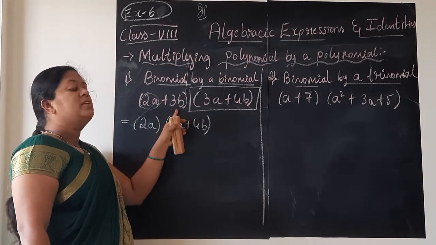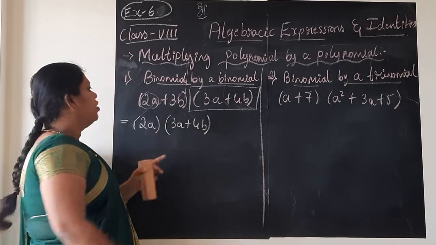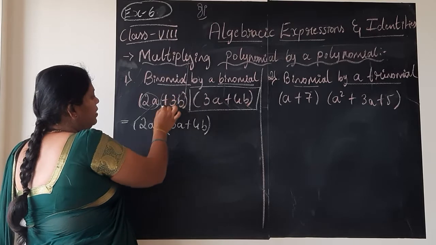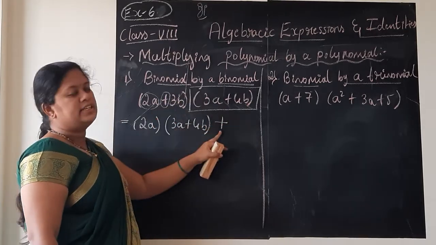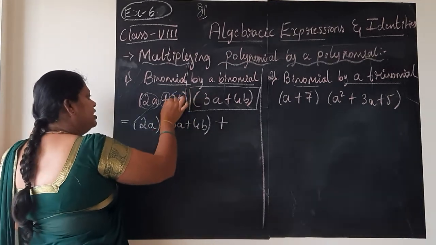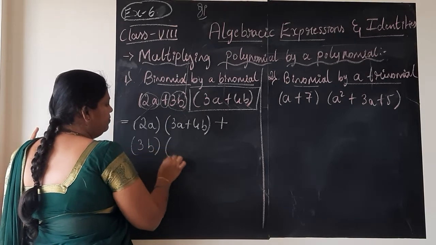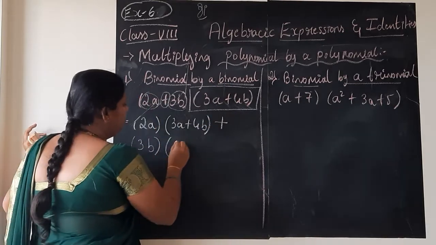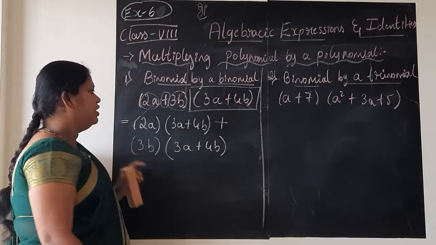Next consider the second term of the binomial along with the sign, that is very important. In between 2a and 3b, that is the first binomial, plus sign is there, children, so I will write plus. If minus is there, then you need to substitute minus here. So plus the second term of the binomial, that is 3b into again this whole second binomial (3a plus 4b). Like this you will write.